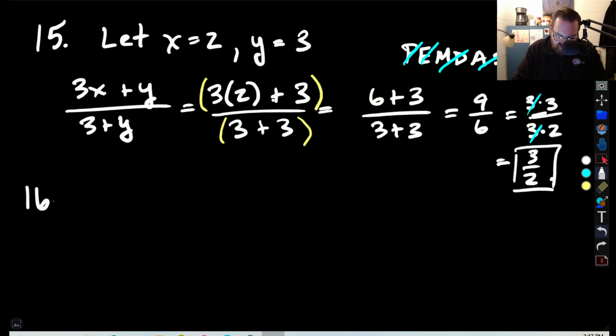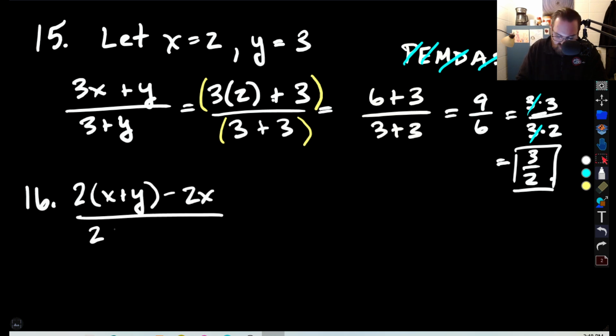I'm going to use the exact same values that were given to me up top. And in this case, I'm going to do 2 times x plus y minus 2x divided by 2 times y minus x. Okay, in this instance, it's the same idea.